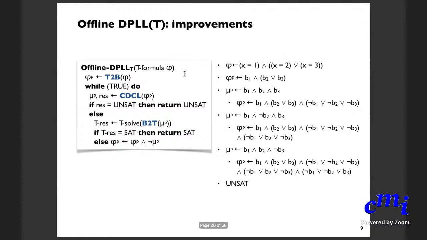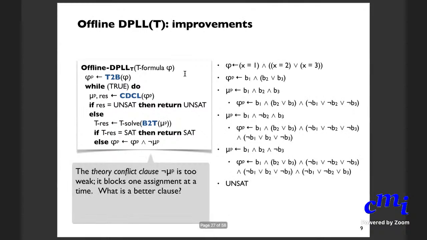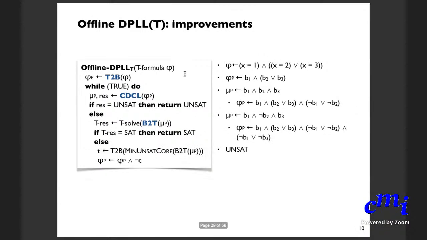More importantly, is there a better way to do it? So, forget about it. I haven't introduced unsat core. For a moment, ignore the unsat core in here, and assume that you had just the previous thing. The first thing is, why not consult your theory solver?